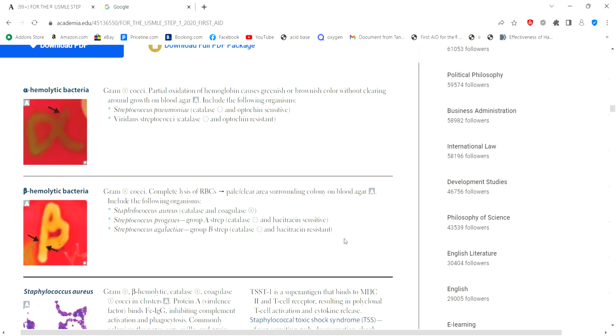So the green part over here, it's showing dead cells. All RBCs are not dead. So when it's saying it causes greenish or brownish color without clearing, they're saying all RBCs are not dead.